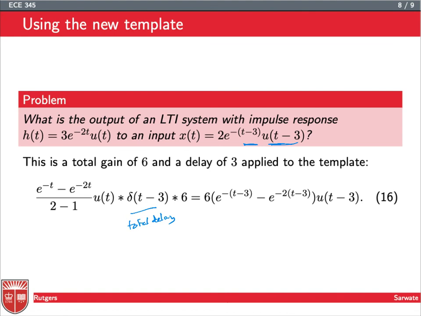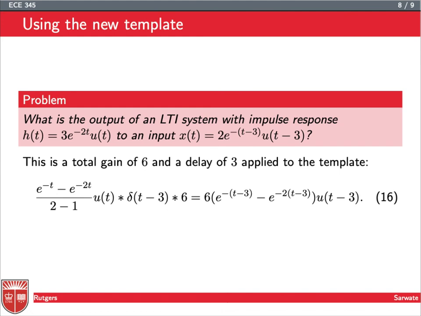There's no delay in the h of t. And there's a total gain of 2 times 3, or 6, so this is the total gain. And then the b minus a term is going to be 1. So we can just plug it in to the template that we just calculated on the previous slide, and we get this answer here.